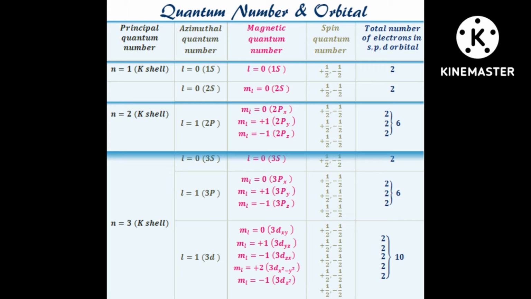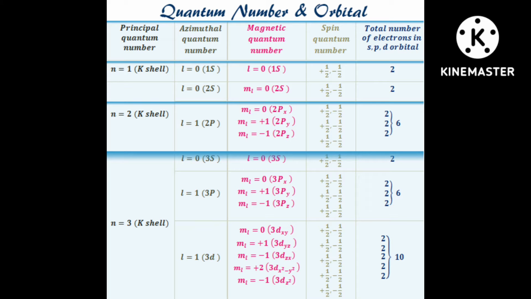Each orbital is designated by three quantum numbers: small n, l, and m. Three notations are there: n, l, and m. The fourth quantum number we will discuss in the last.